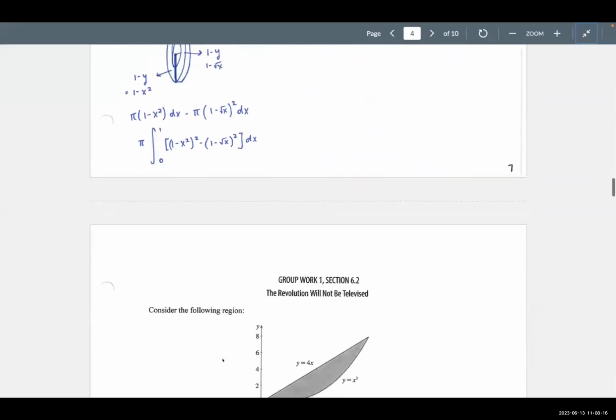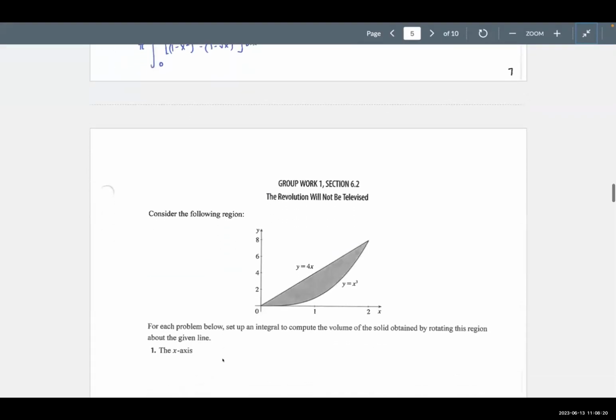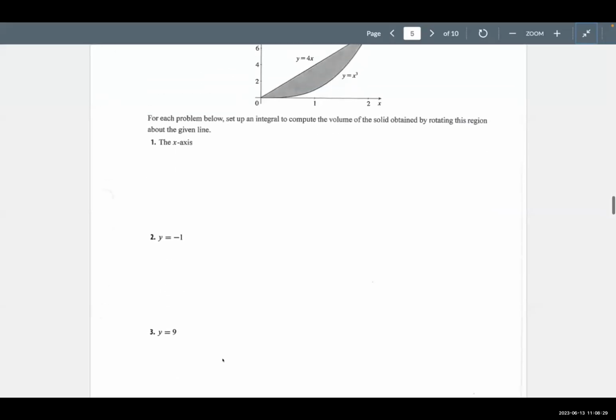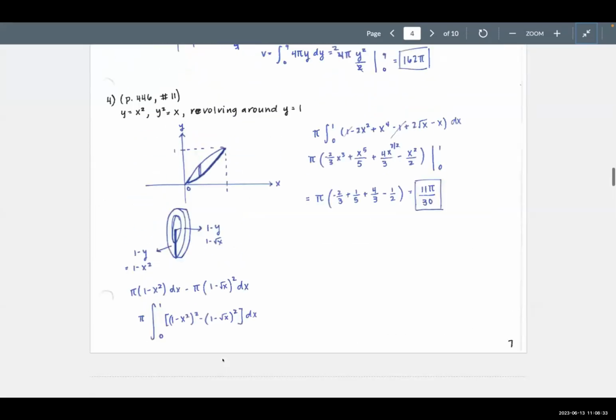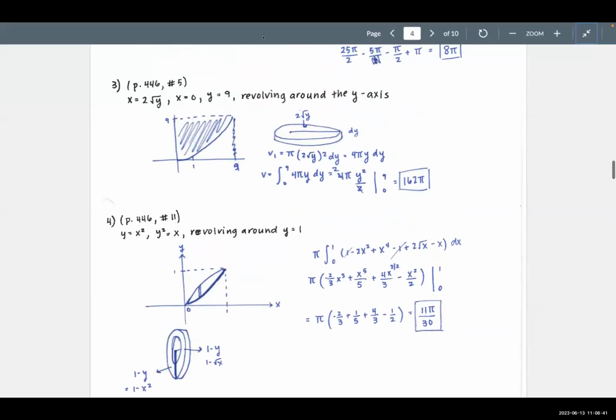Tomorrow when you come to class, we're going to be doing some of these activities of 6.2 before starting 6.3. But before that, I want you to finish everything that is in the notes of 6.1 and 6.2 as far as the problems that I did. Is that clear what you need to do?